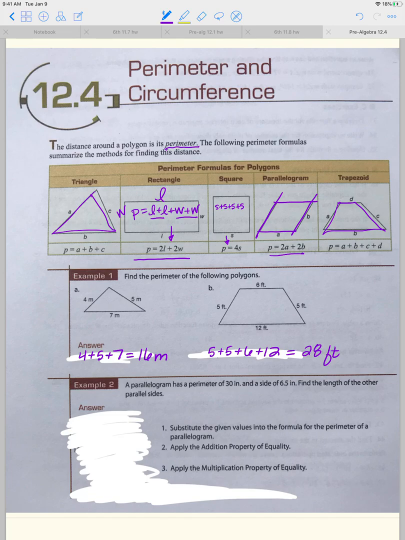So go ahead, and if you want, you can always draw a picture just to give yourself somewhere to start. 6.5, if it's a parallelogram, this is also going to be 6.5, and now we're trying to find this right here, okay? But we can use our formula. So perimeter of a parallelogram is 2A plus 2B.